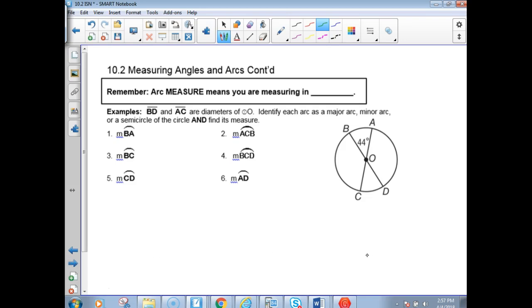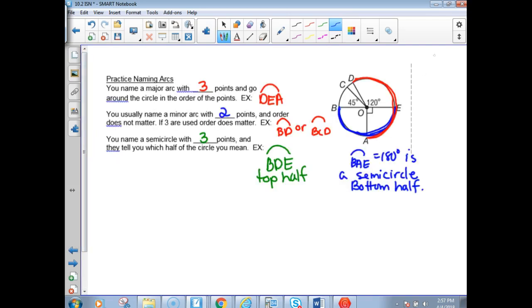Now let's get to the next page and do some examples of how to find all these measurements. This should be the 3rd page in your ISM, if you want to label them. This was page 2.